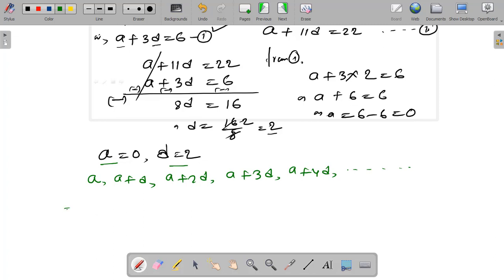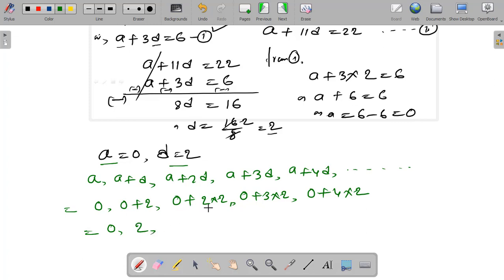We get a is 0, then 0 plus 2, then 0 plus 2 into 2, comma 0 plus 3 into 2, comma 0 plus 4 into 2. 0 plus 2 means 2, 0 plus 2 into 2 is 4, 0 plus 3 into 2 is 6, and 0 plus 4 into 2 is 8, and so on. So this is our answer: 0, 2, 4, 6, 8, and so on.